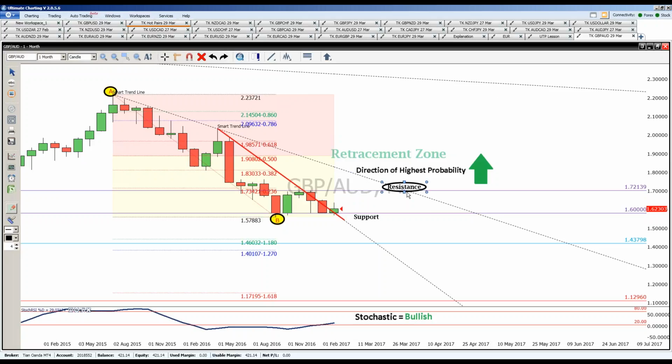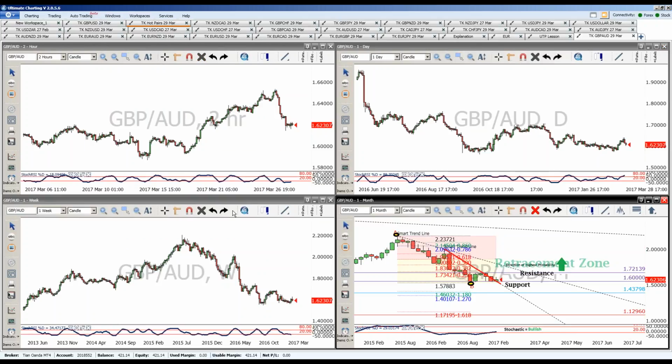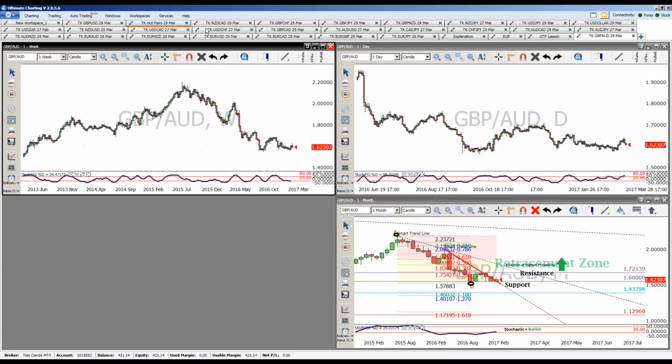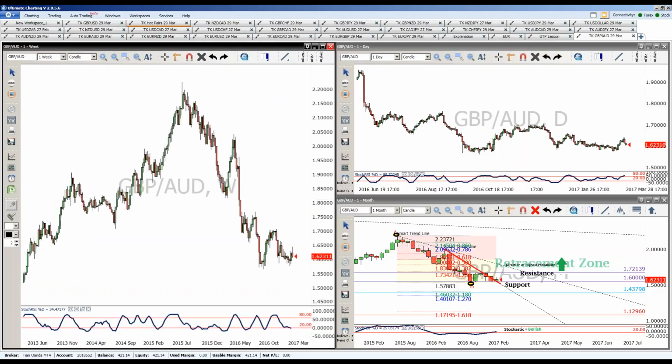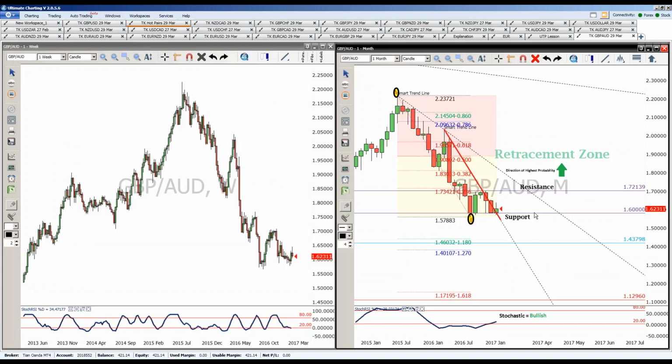Now, let's go and have a look at the weekly chart. Let's go and see what we have on the weekly. What I'm going to do now is link those pivots, see if I can link the trend lines.